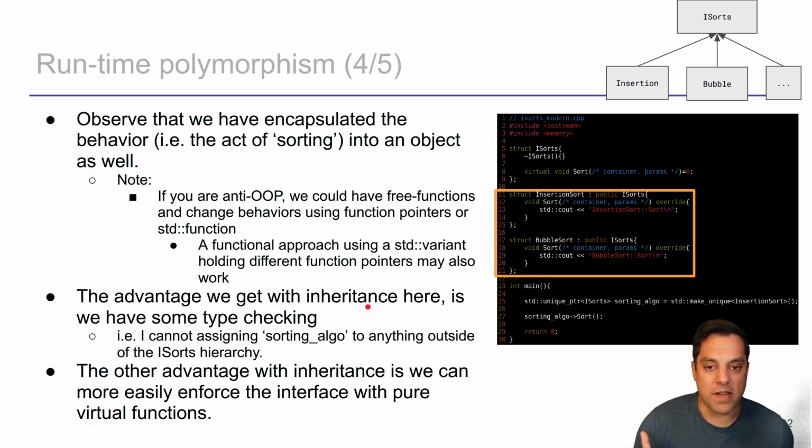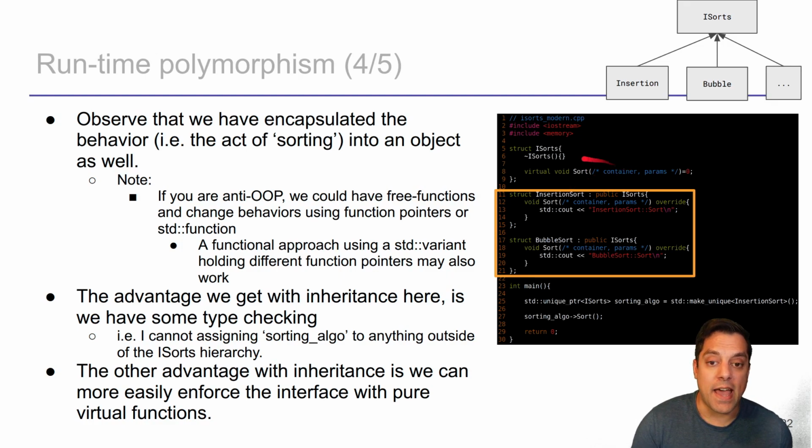Again, there's different ways that you could set this up, but consider that the advantage that you get with inheritance is that you have type checking, right? So you make sure that you are selecting something that is a type of ISort, and you do have an interface that you have to code to. So oftentimes those might be important things because you want overall to be able to achieve your goal of sorting or something in that family of algorithms.